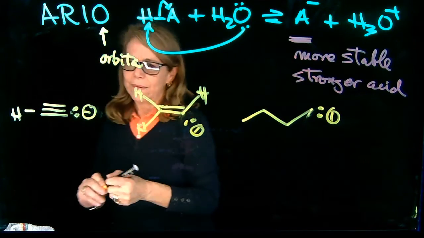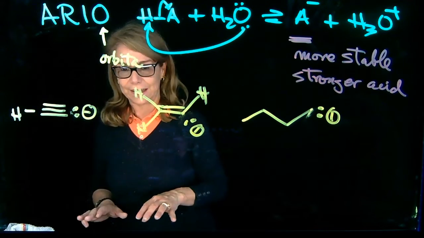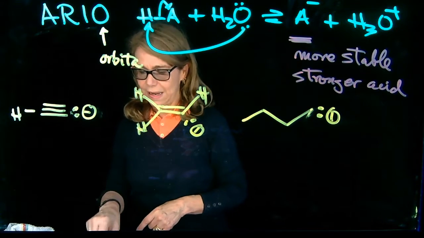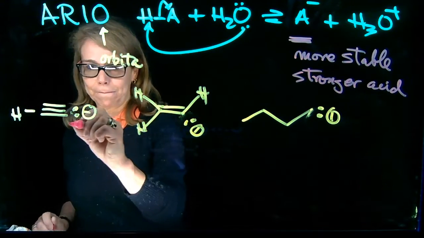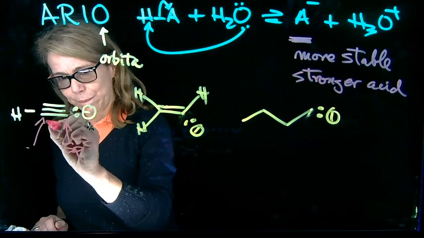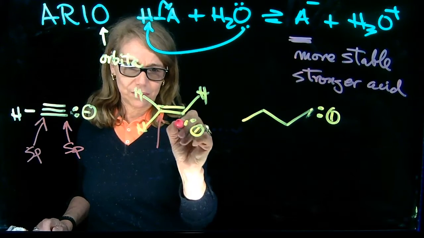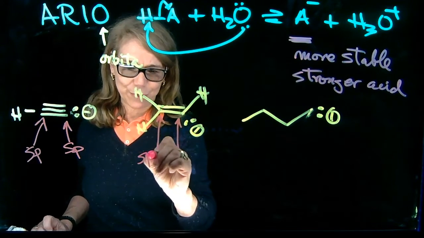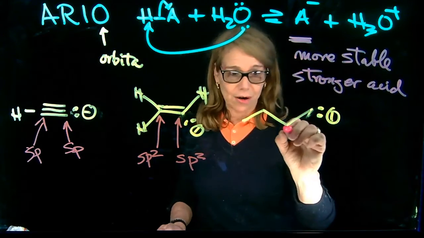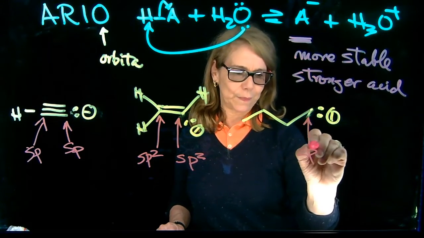So now, in all those molecules, notice that the hybridization has changed. Here, the atoms are sp hybridized. So I have a carbon sp. Here, the two carbon atoms are sp2 hybridized. And here, every carbon is sp3 hybridized.